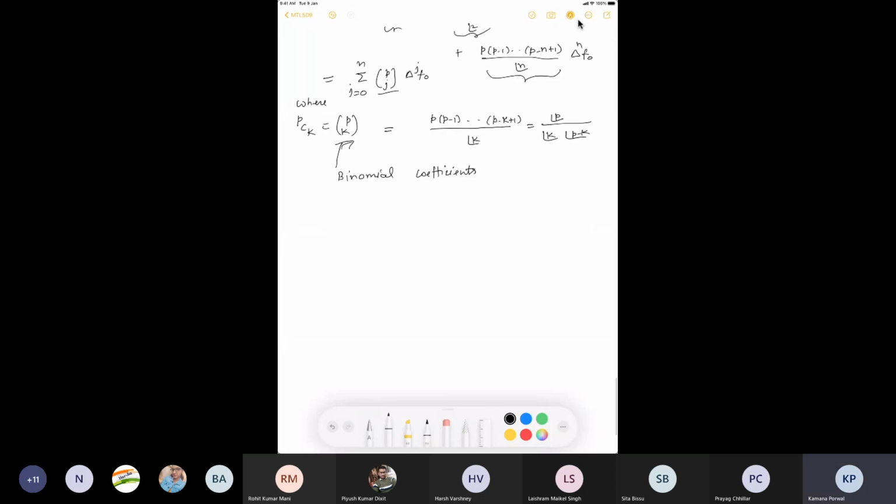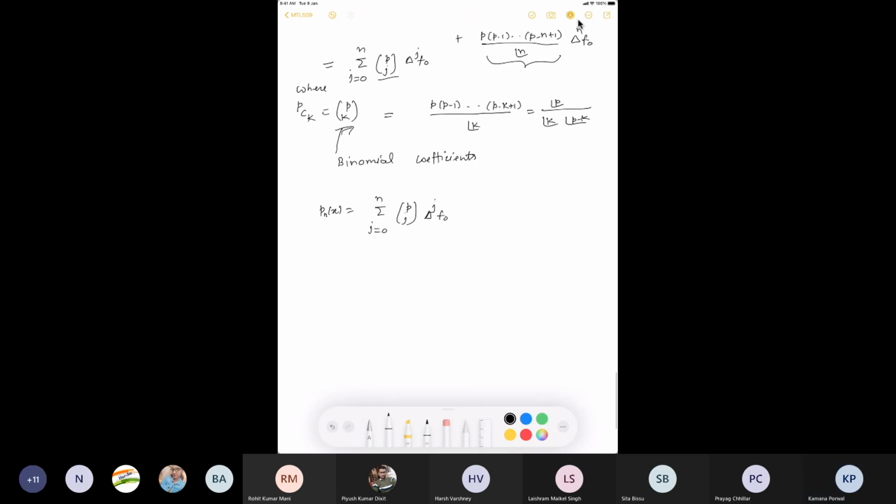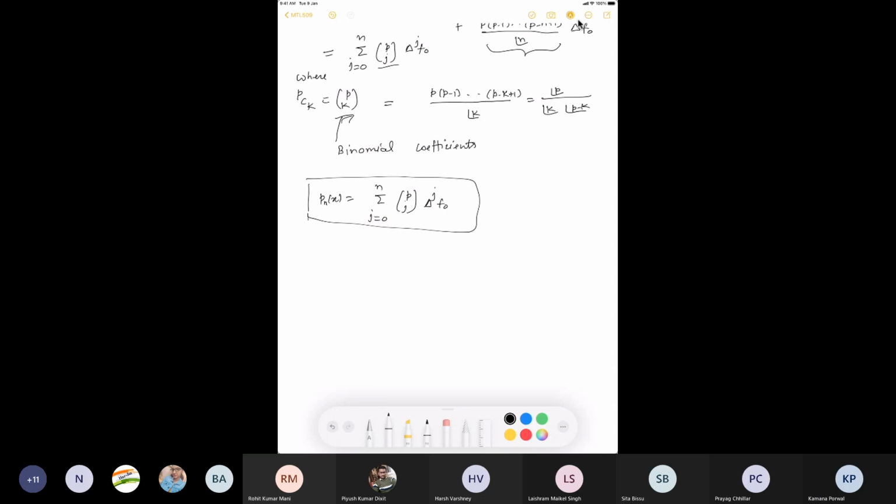So what we have got is that Pn(x) has this form. It is given by the sum for j equal to 0 to n of p choose j, delta j f naught. Okay, so this is the Newton's forward difference form of the interpolating polynomial.